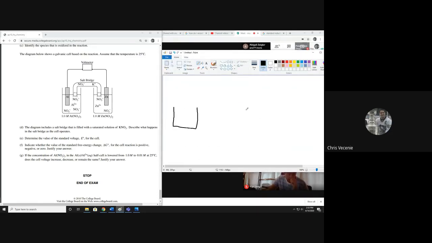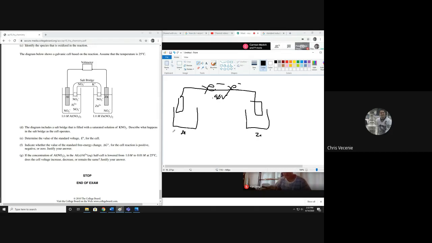So you've got your cell, right? You already told me the electrons are going this way. You know the voltmeter's reading 0.90 volts. Here's my Al side. Here's my Zn side.